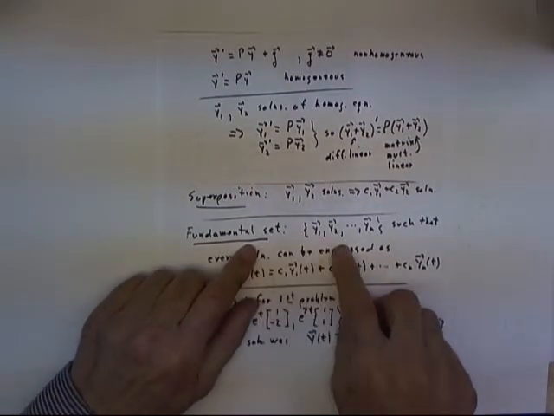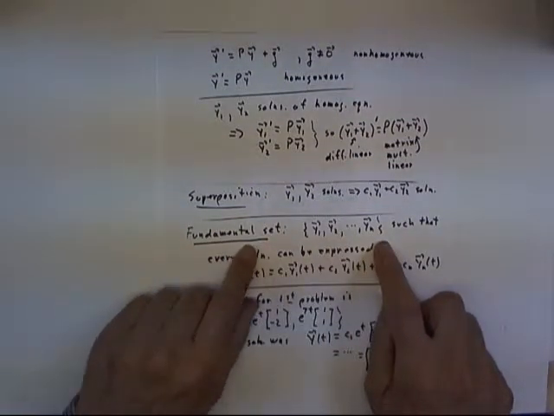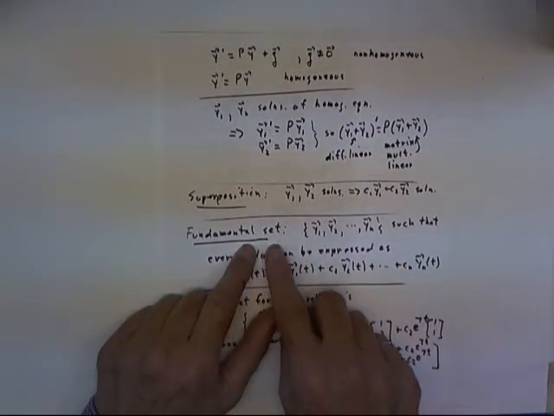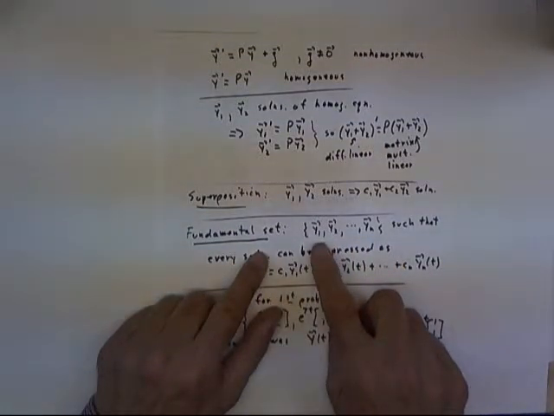A fundamental set for a system of equations is going to be very similar to a fundamental set for a linear equation for functions of a single variable. The definition is pretty much the same as the previous definition.